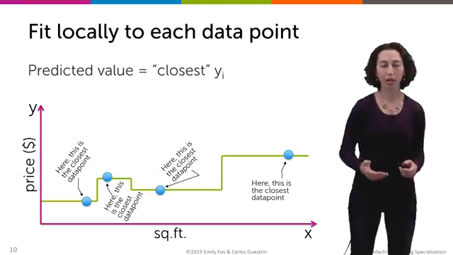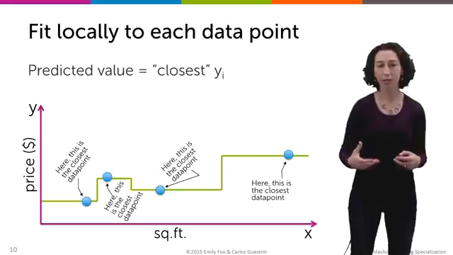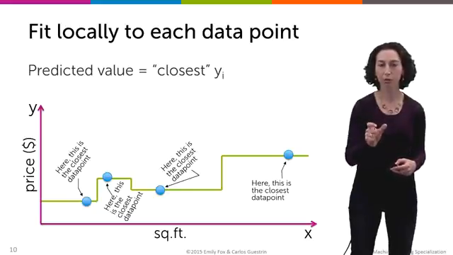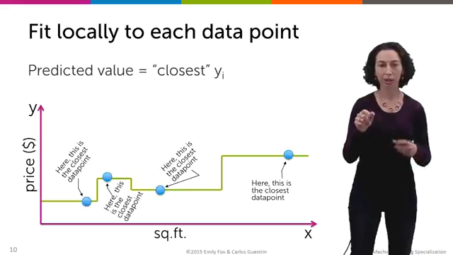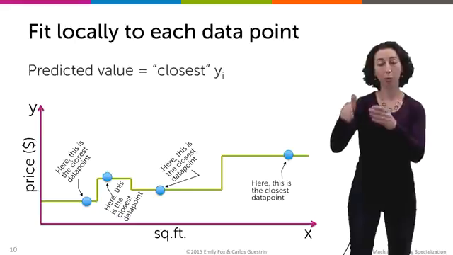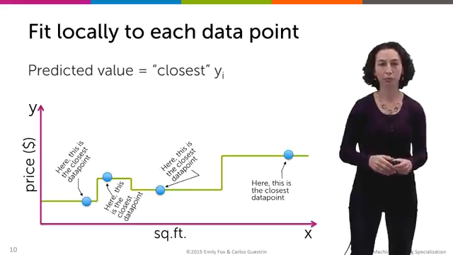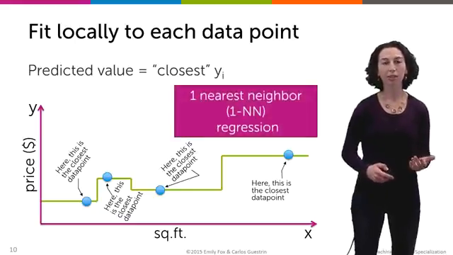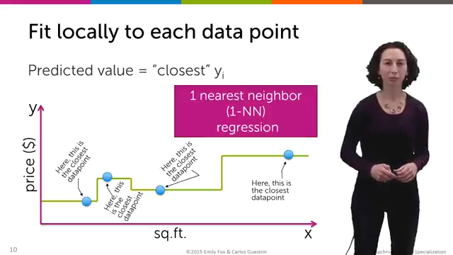So we can see that this leads to this idea of having local fits, where these local fits are defined around each one of our observations, and how local they are, how far they stretch, is based on the placement of other observations. And this is called one nearest neighbor regression.